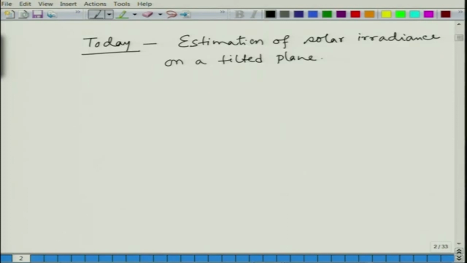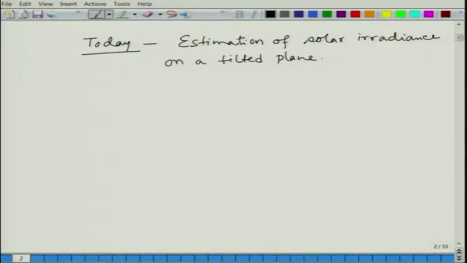So, this is a very vital topic which tells you how much solar energy will be available to your collector, and often these solar collectors are placed in a tilted position, tilted to the horizontal plane. Okay. So, in such a situation, what would be the total availability of the solar irradiance?